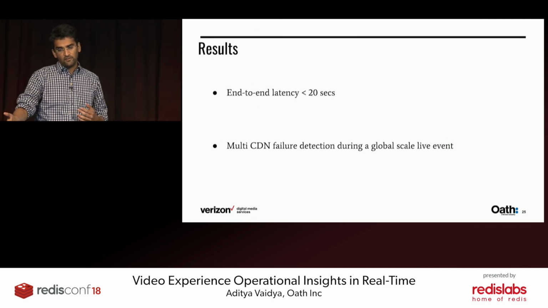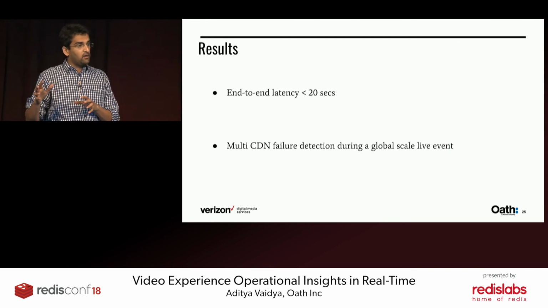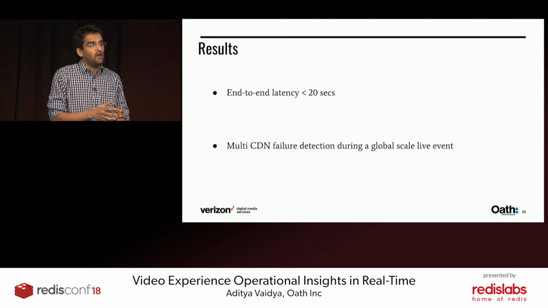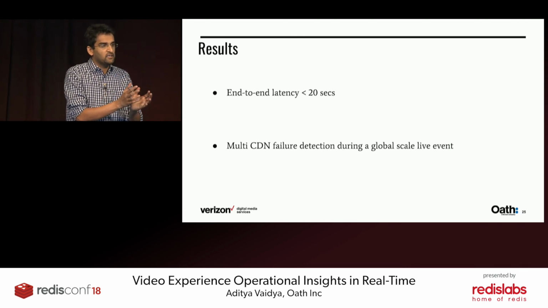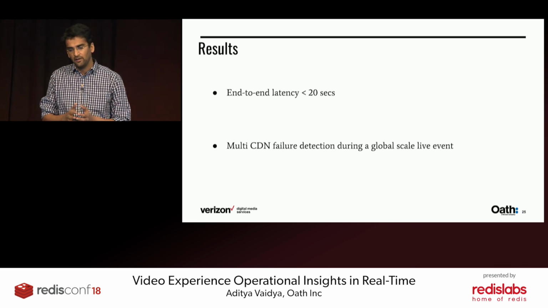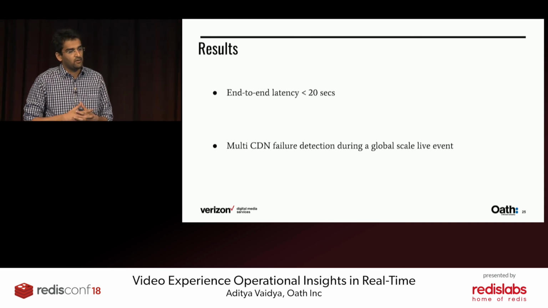Because this system was able to give the signal in a matter of seconds, they were able to detect in real time that there was something wrong with this CDN, correlate this information with other signals from the CDN, and finally redistribute the traffic, which was a big validation for the platform that we had developed.